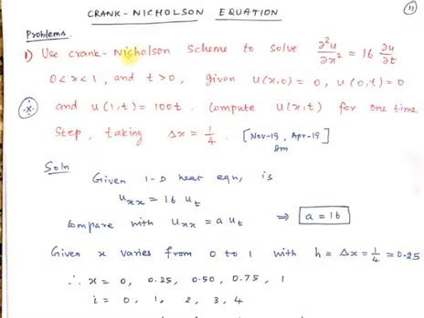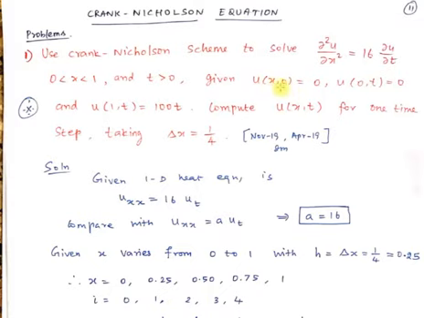Problem. Use the Crank-Nicolson scheme to solve del squared u by del x squared equal to 16 into del u by del t, 0 to 1 and t greater than 0, given u(x, 0) equal to 0. That means it is the initial condition, since t equal to 0.